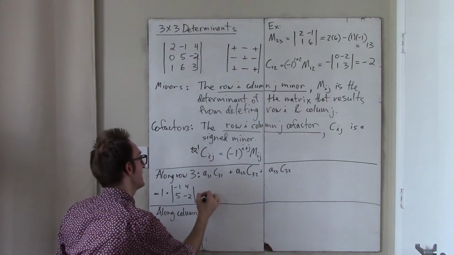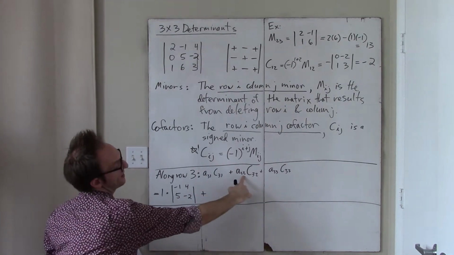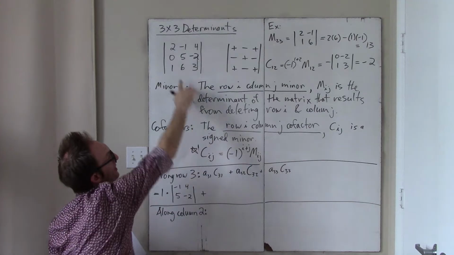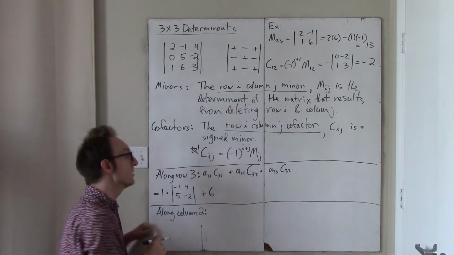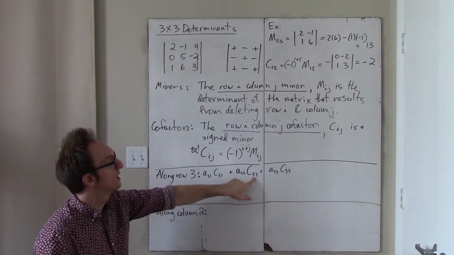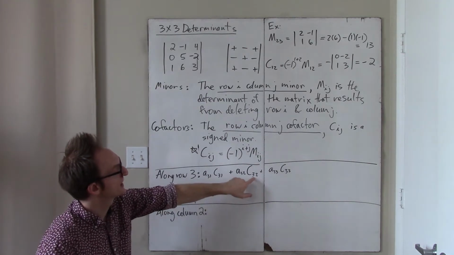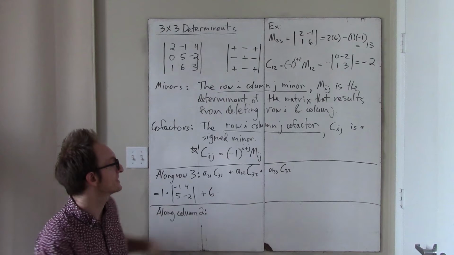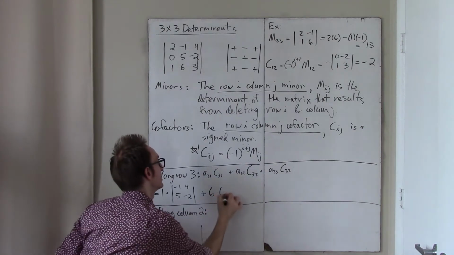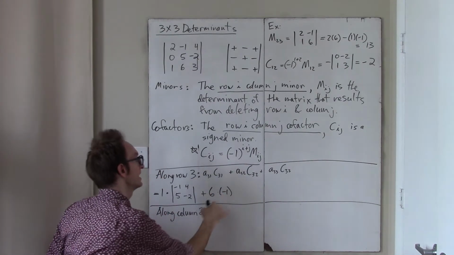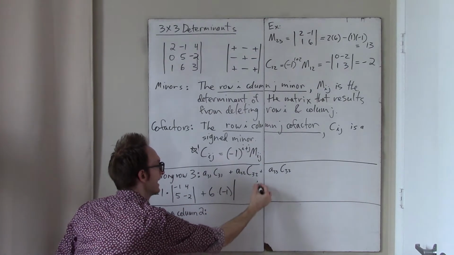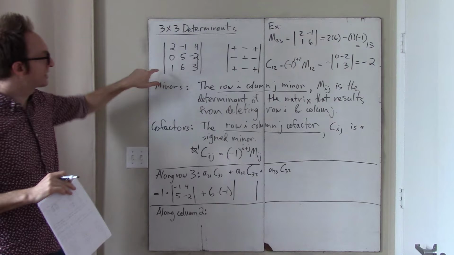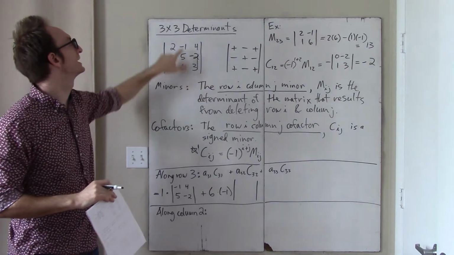Okay, plus, now what is the number in the A32 spot? It's a 6, times, but now C32, cofactor 3,2, because 3 plus 2 is 5 and 5 is odd, means that I put a -1 in front of the 3,2 minor, if you're following all this, and that is what you get when you delete row 3 and column 2.